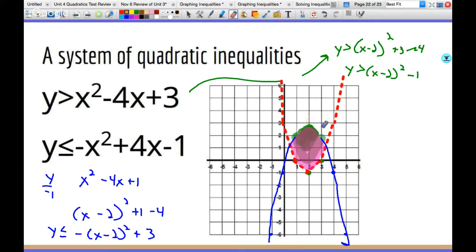So there we go. There's just our overlap. Let me fill in my boundaries again here. Really clear boundaries. A little bit more highlighting. There we go. All right.